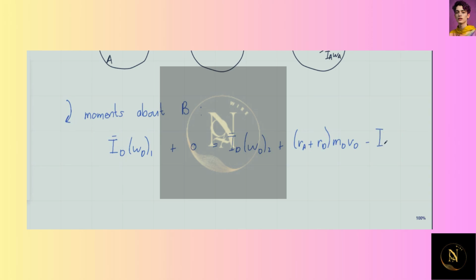Minus the angular momentum, since this is in the opposite direction, of Ia omega a.